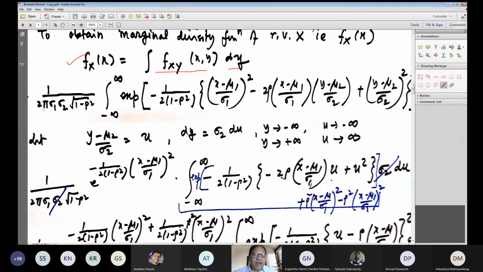Say we write the joint density function and integrate over minus infinity to plus infinity with respect to y.